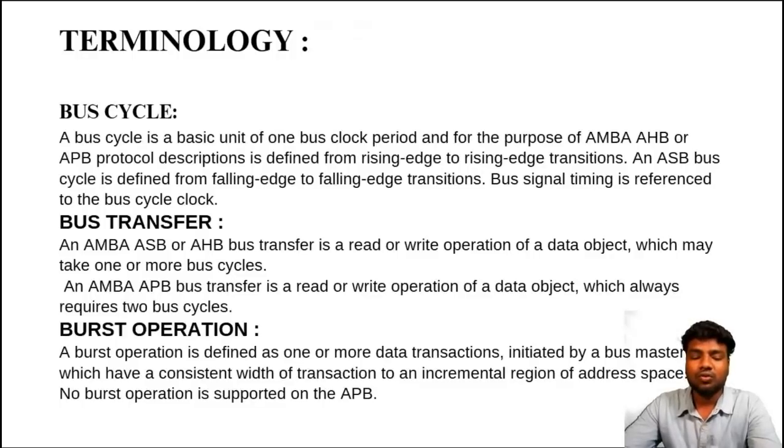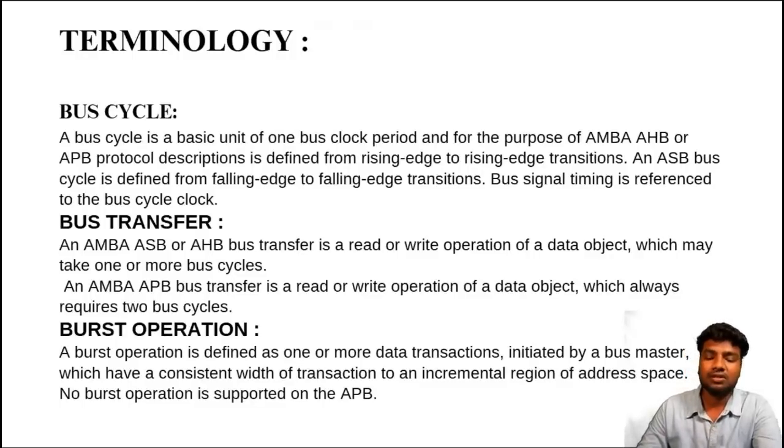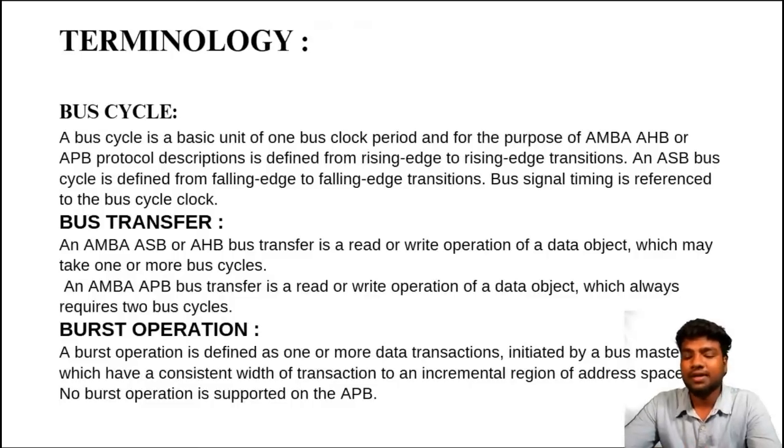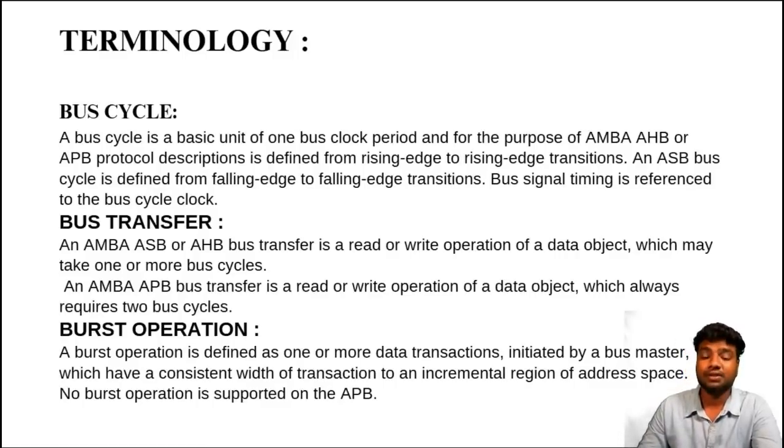You can see here that no burst operation is supported on the APB. So AXI and AHB use burst transfer, but there is no burst transfer in APB. We can send byte by byte, like 8 bits of data or 10 bits of data, based on the APB signals.